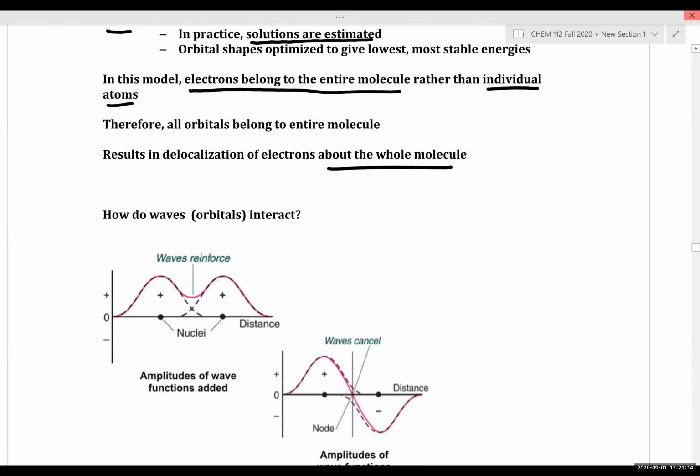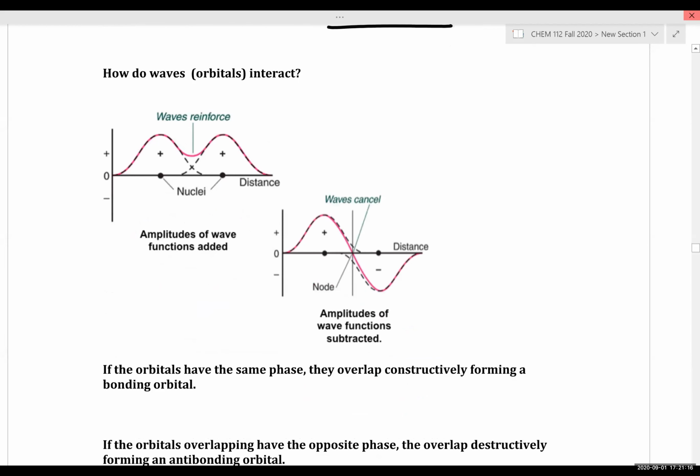Now, one idea that we really need to reinforce here is how orbitals interact. There are two types of interaction. The first is known as constructive interaction, where we have overlap when our orbitals have the same phase.